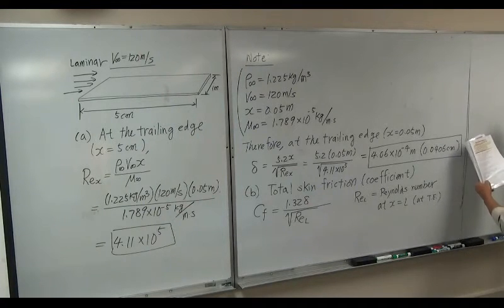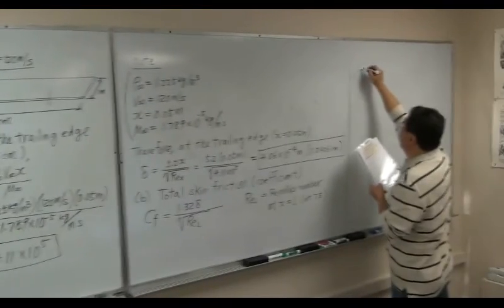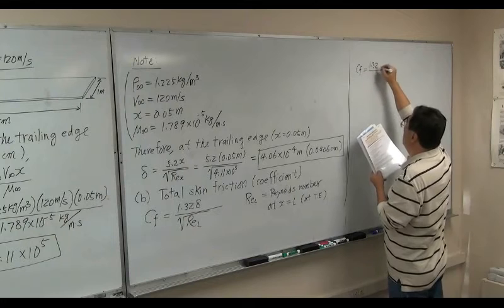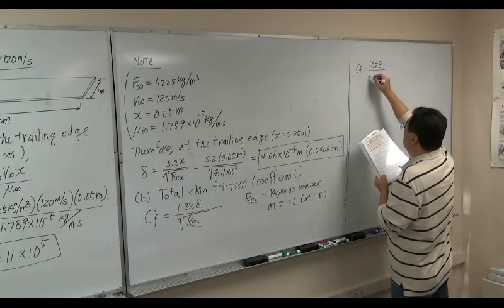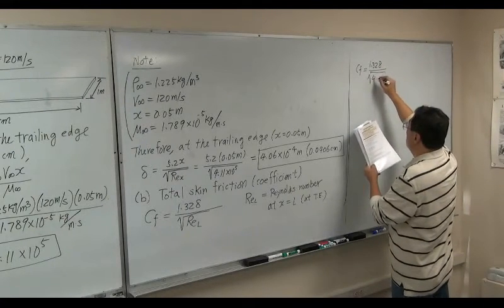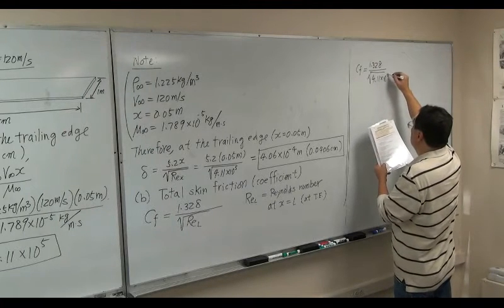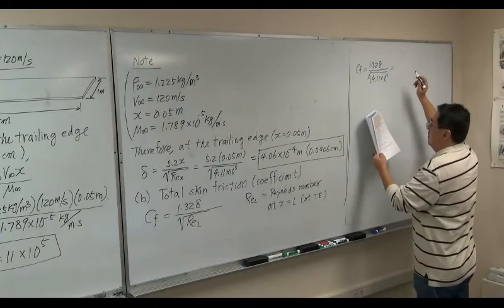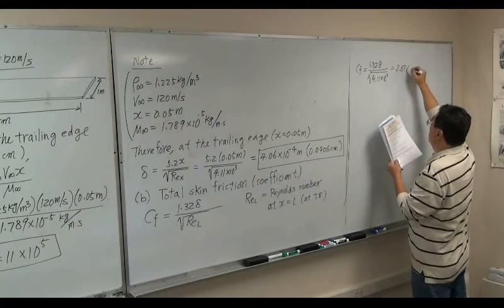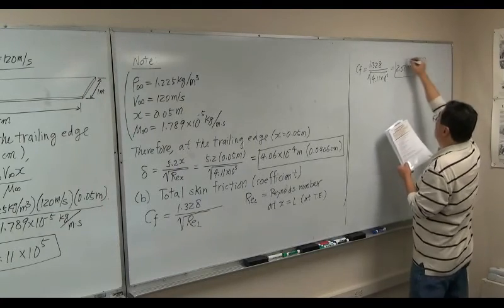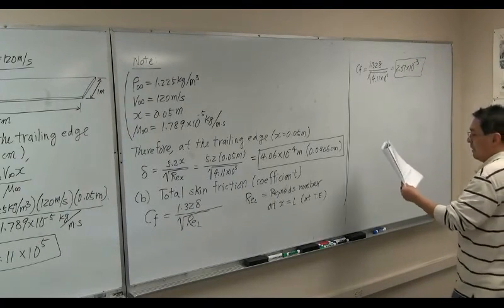So the total skin friction coefficient is 1.328 divided by square root 4.11 times 10 to the 5, which is 2.07 times 10 to the minus 3. This is the total skin friction coefficient developed on the plate.